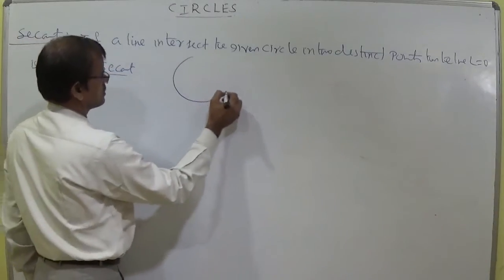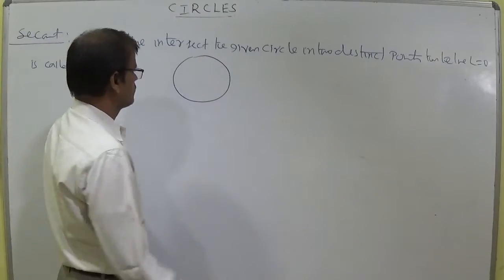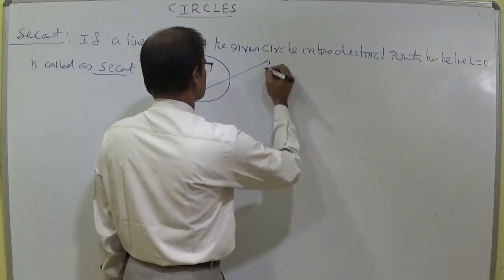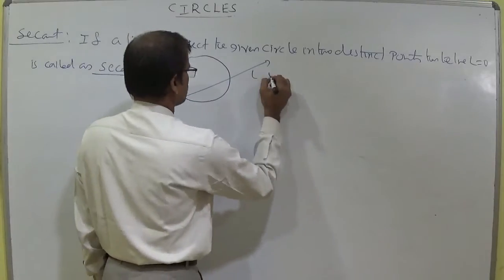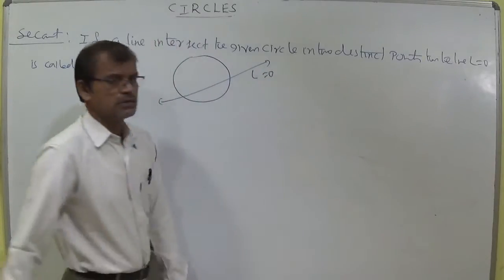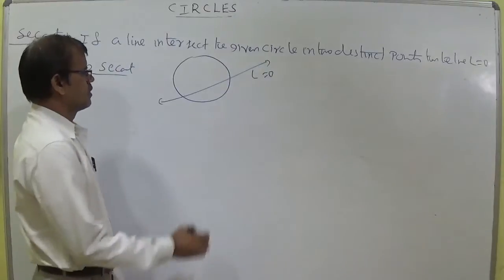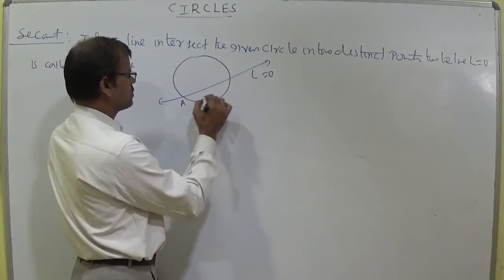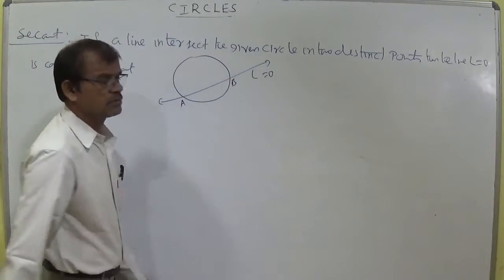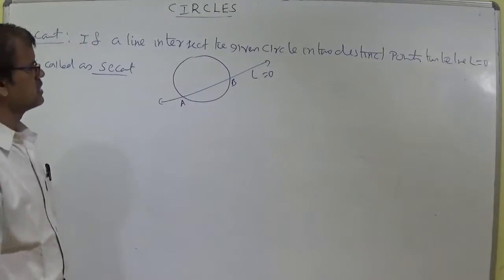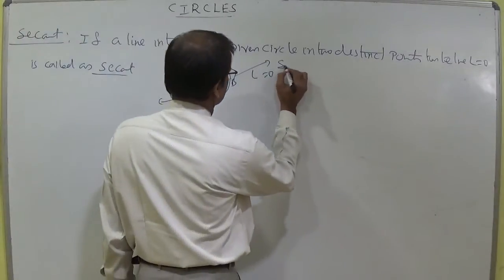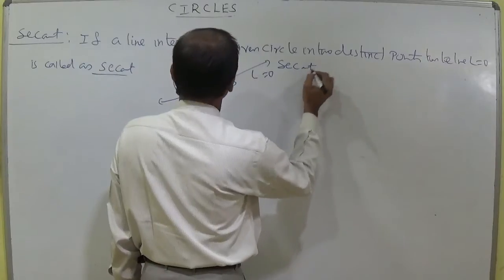Draw a diagram. Draw like this. This is L equal to 0. If the line L equal to 0 intersects a circle in two distinct points, this is nothing but a secant, that's all. Secant.